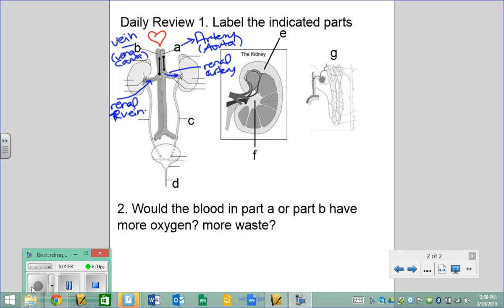Now, C and D are really close in name, and it is really easy to mix them up. That's why I always ask them. C is your ureter, and D is your urethra. See how D has one E and C has two? You have two ureters and one urethra.